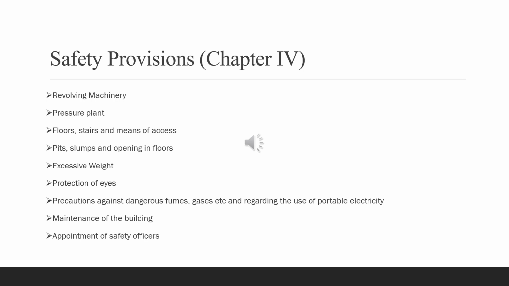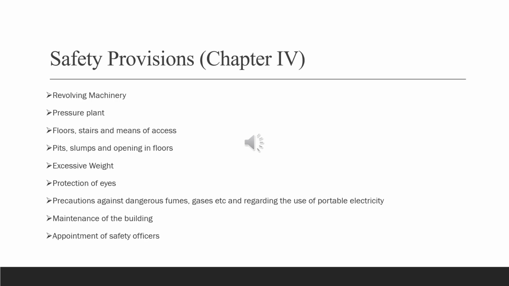If a factory is using any machinery which is operated at a pressure above the atmospheric pressure, then the pressure should be kept under check to ensure safety. All floors, stairs, and passages should be properly constructed and maintained. If there is any vessel, tank, or pit in the floor which may be a source of danger, it should be securely covered or fenced.